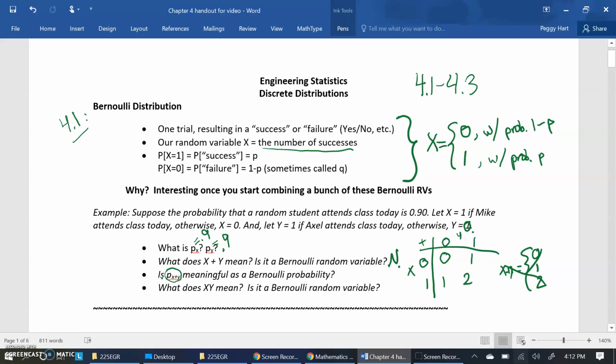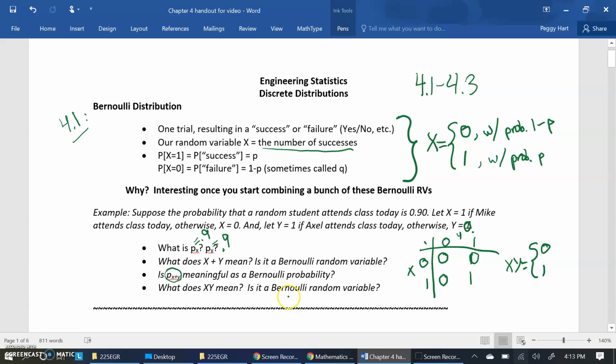But what if we wanted to do x times y? If we want to do x times y, we can make a new table where we multiply them instead. 0 times 0, 0 times 1, 1 times 0, 1 times 1. Now x times y is 0 or 1. It looks like it's Bernoulli. Could we find the probability of this 1? Probably.